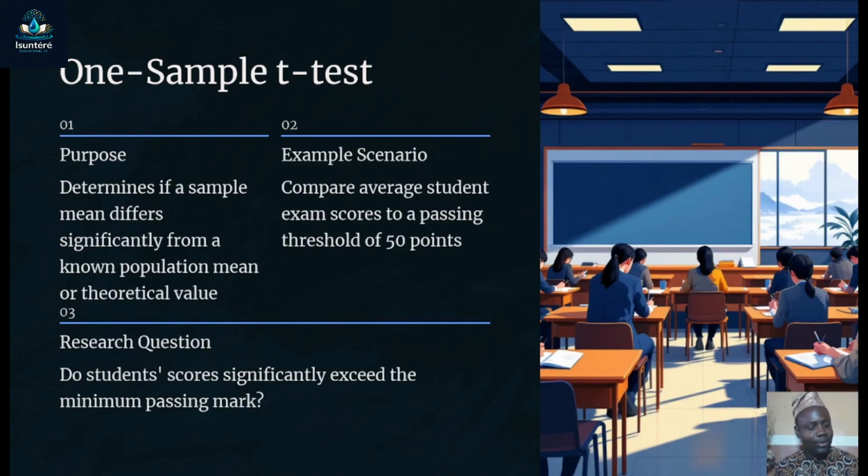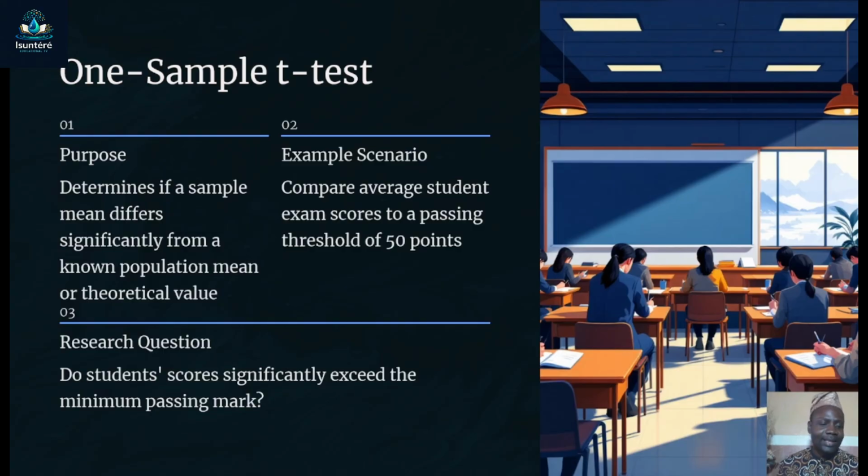Literature has told us that the blood pressure of people aged 40 to 45, let's say, is 130 over 80 mmHg. So we now want to determine if that is comparable to a group of people in that age bracket. An example scenario: compare the average student exam score to a passing threshold of 50.